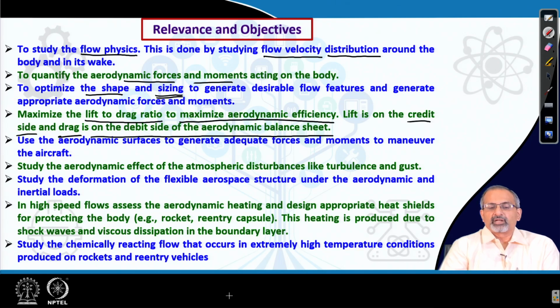You use the aerodynamic surfaces to generate adequate forces and moments to maneuver the aircraft. So, you may need to know whether the surfaces are correctly scaled, correctly sized.